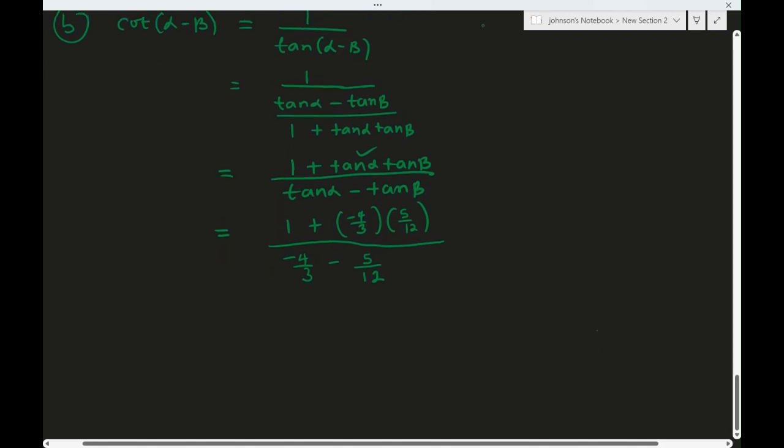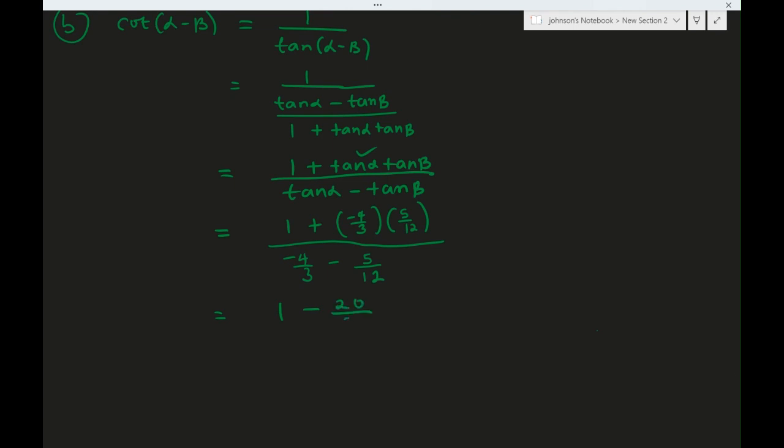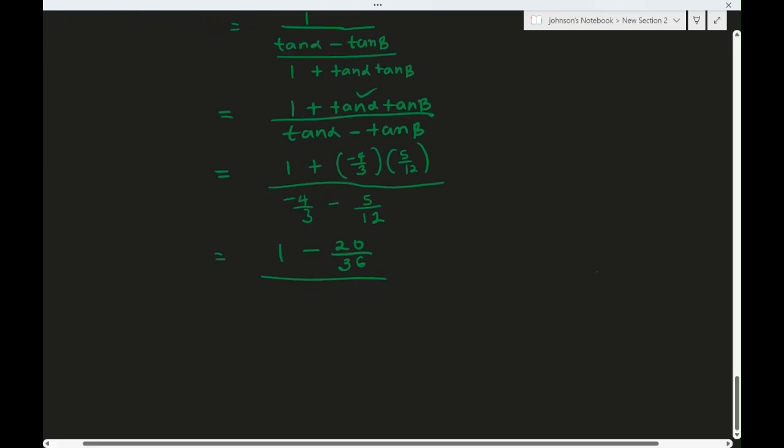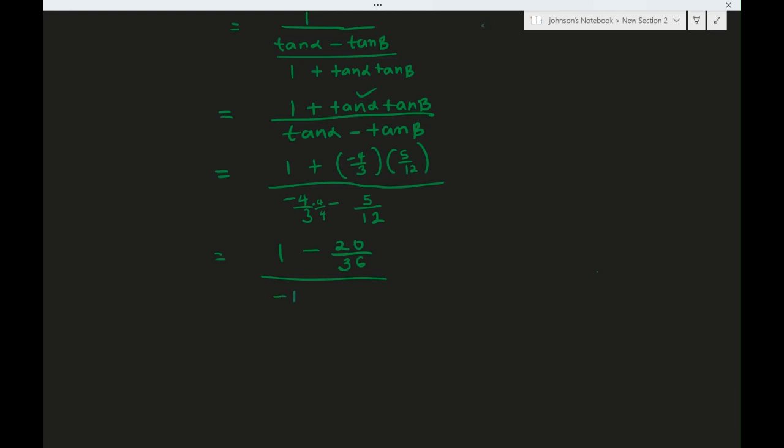Okay, so let's deal with the numerator first. You will have 1, and this will just be minus 20 over 36. Here you can multiply this by 4, divide by 4, so that you have the same denominator.